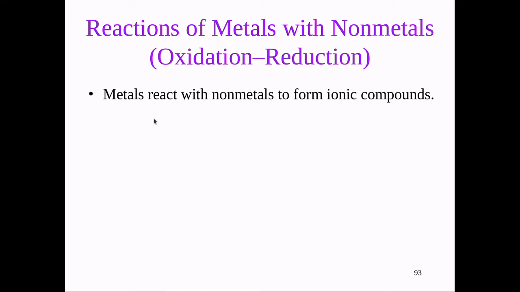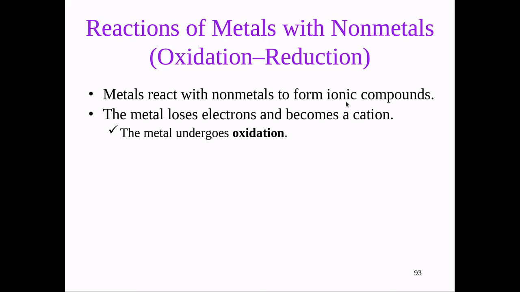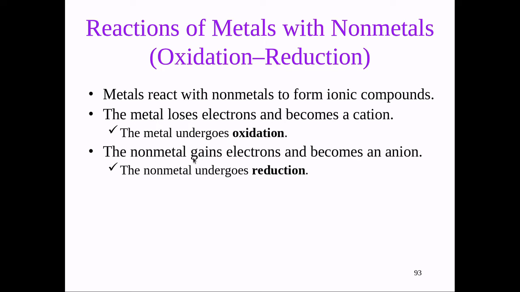So we've been working with a lot of reactions so far where metals react with nonmetals to form ionic compounds. But we never really thought about why that was true, right? The metal loses electrons and becomes a cation. This is because it's undergoing oxidation. And the nonmetal gains electrons and becomes an anion.